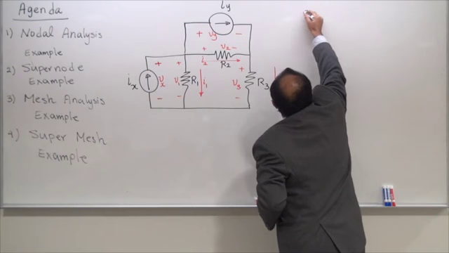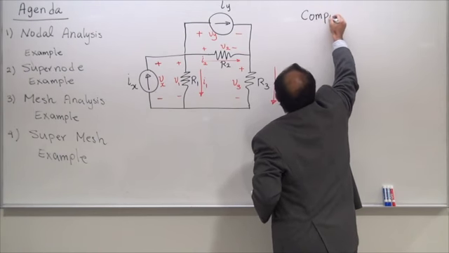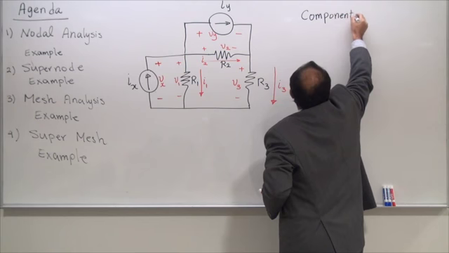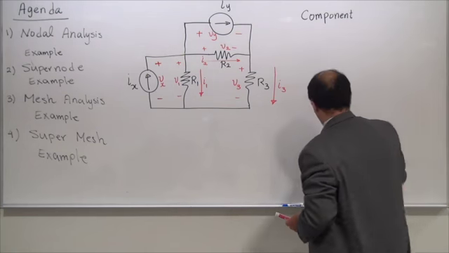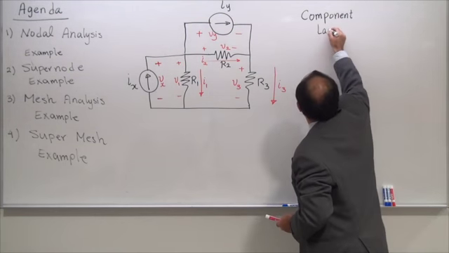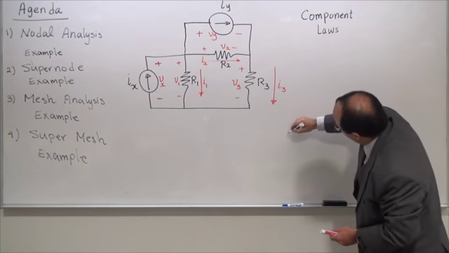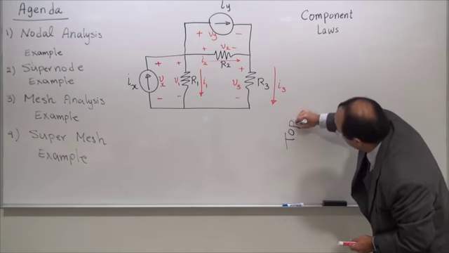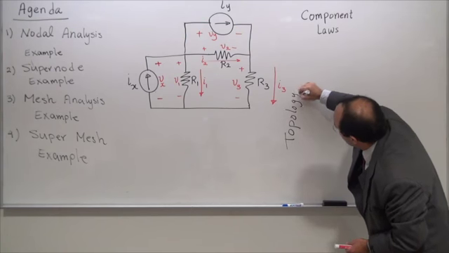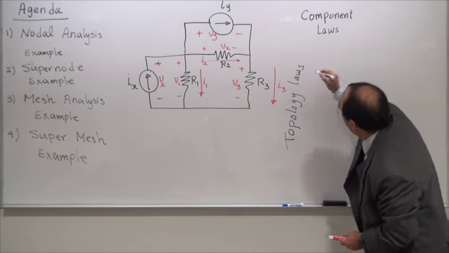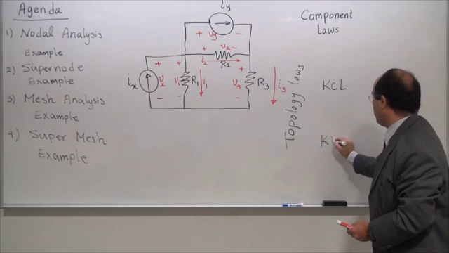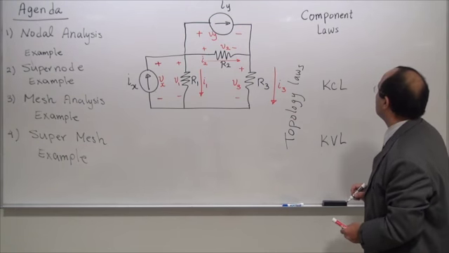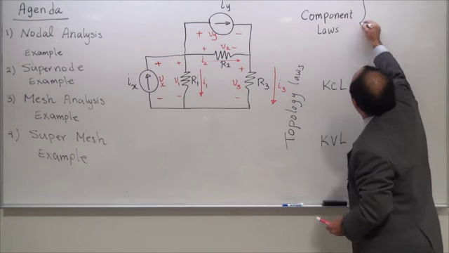So first, very simple, I'm going to do a modular approach. I'm going to write the component law. I'm going to say whatever laws apply. Then I'm going to say topology law. And topology laws are going to have KCL laws and KVL laws. Component laws are really easy.